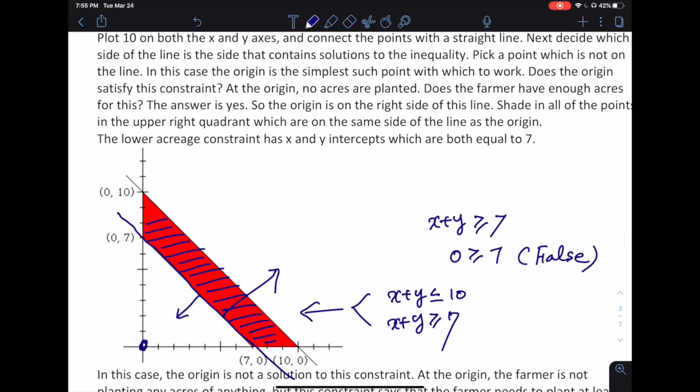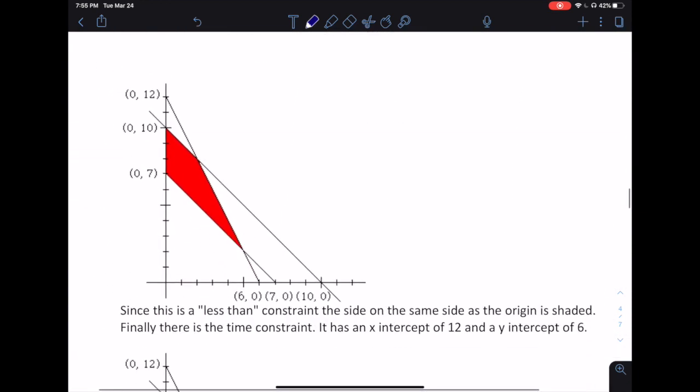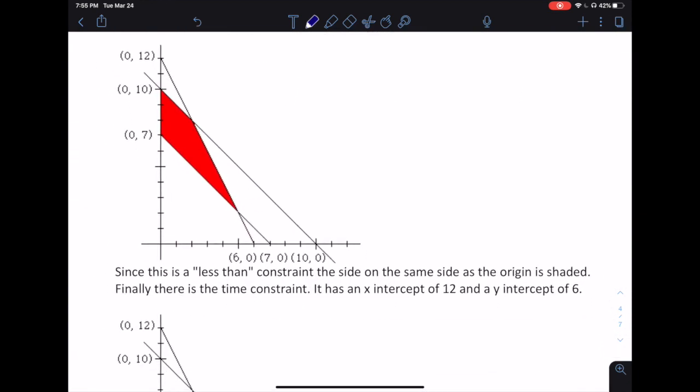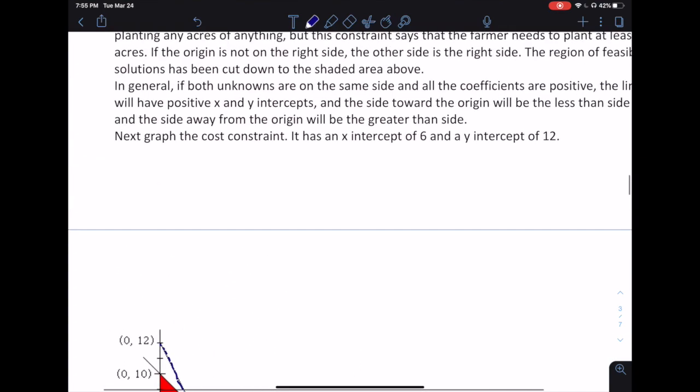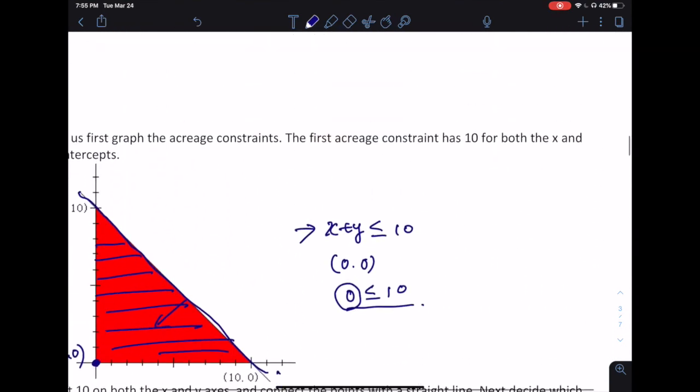Still, we have more constraints, right? So what are the other constraints? Here we have one more constraint, and this constraint is based on this line. Let me move back shortly.